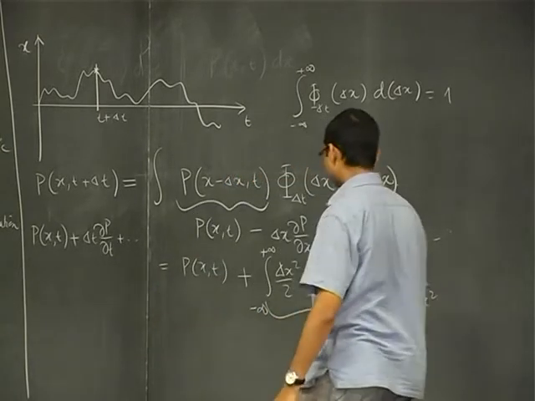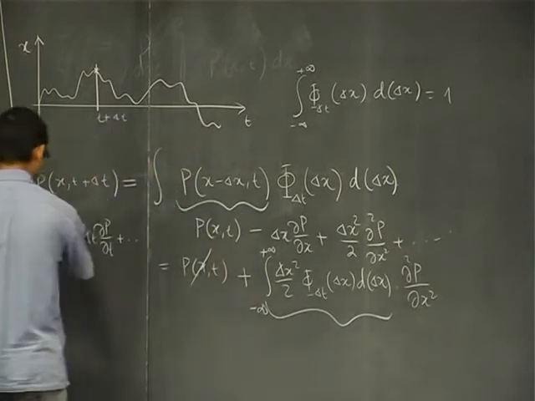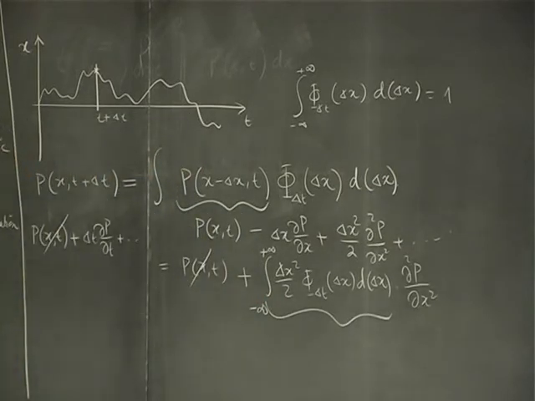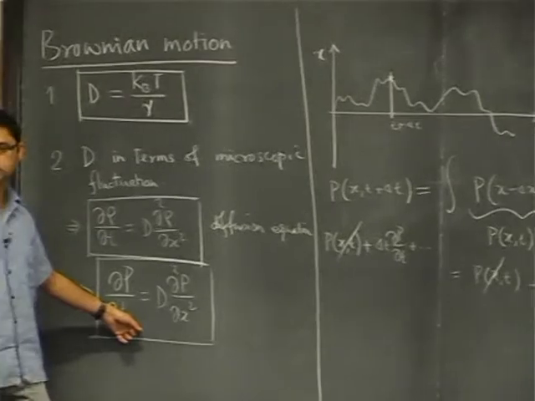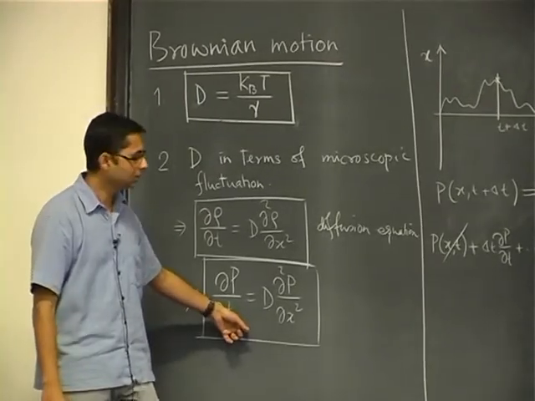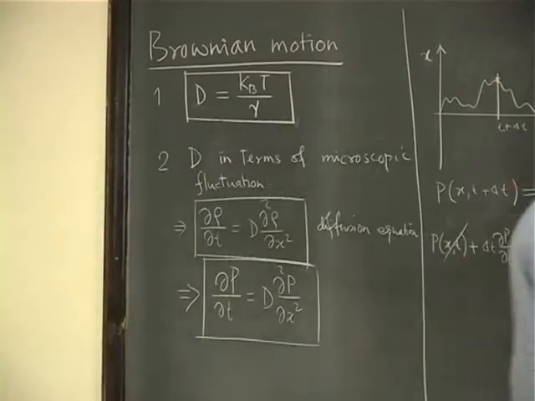So what is this term? This object cancels against this object, and I must get this equation. I argued that this is the equation for the system. So if I want to get this equation, what should I put for this one?